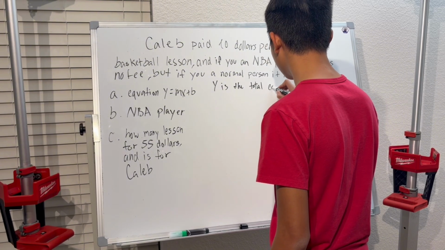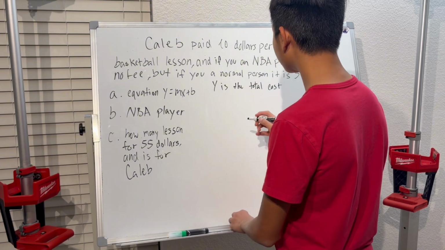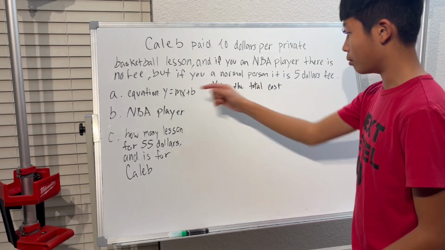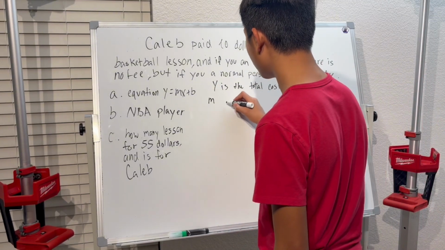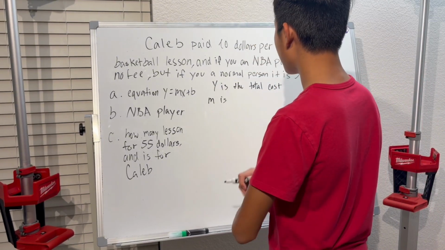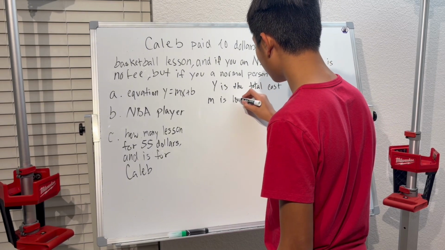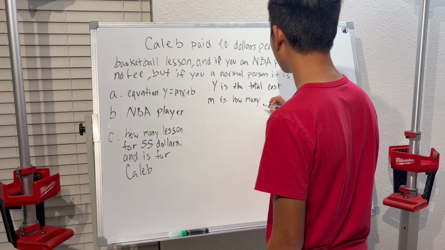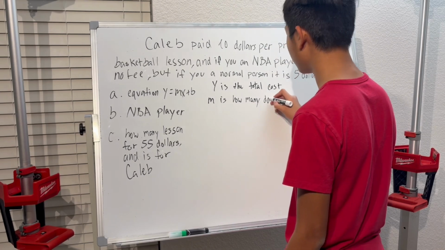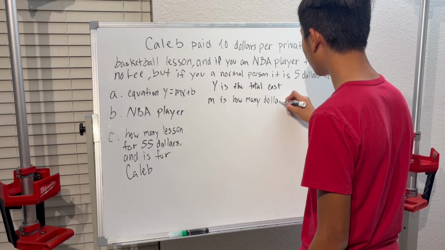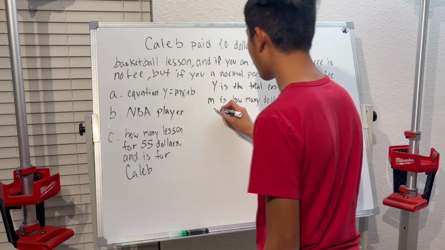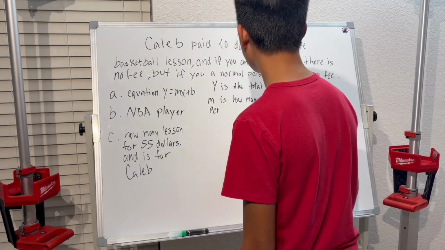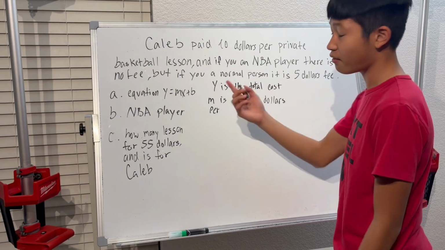And m, which is the slope, is how many dollars, because we focus on money, per private lesson.